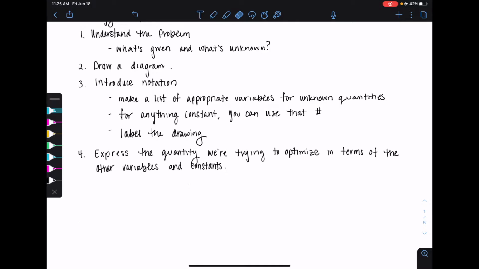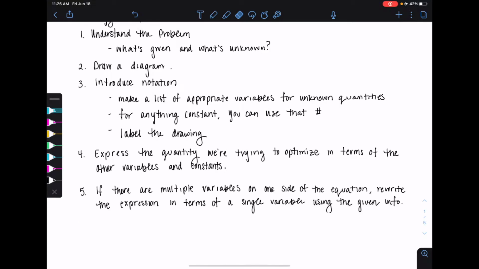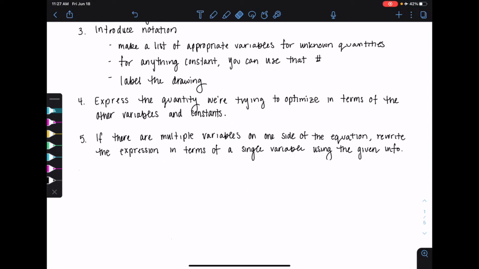You don't know how to deal with multivariate functions unless you go on to Calc 3. So if there are multiple variables on one side of the equation, you need to somehow rewrite this thing you're optimizing in terms of a single variable using your given information. You're going to be able to turn this multivariable thing into a single variable thing, which we now will know how to take a derivative of.